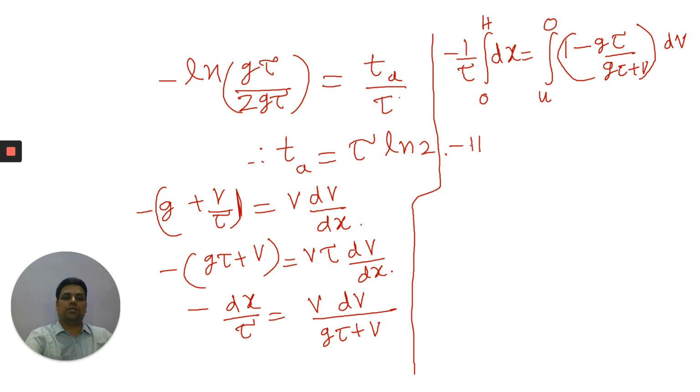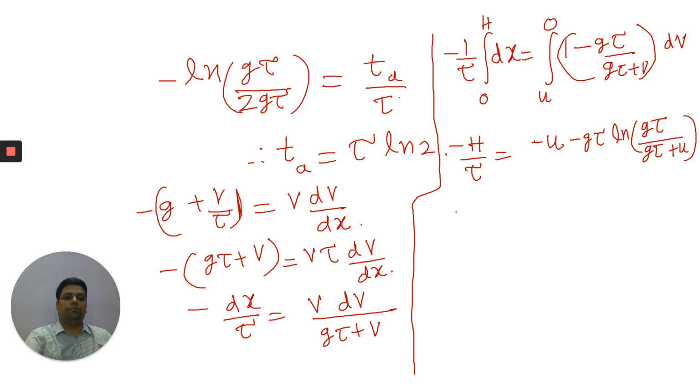So this is minus h by tau, where h is the maximum height. And if I take the integral, v means I'll have minus u upon substituting the limits. Minus g tau is as it is, so ln of g tau plus v. That would give me ln of g tau by g tau plus u.